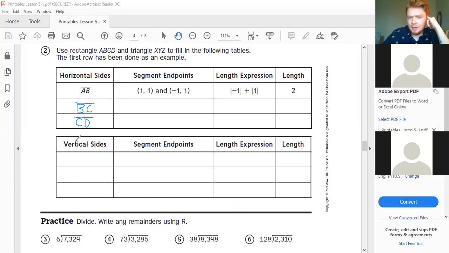I don't know why it's only giving us 3 boxes... Oh, I see it now. It wants to know horizontal, vertical.